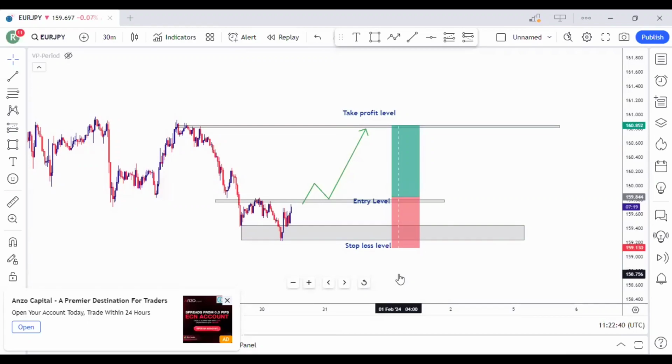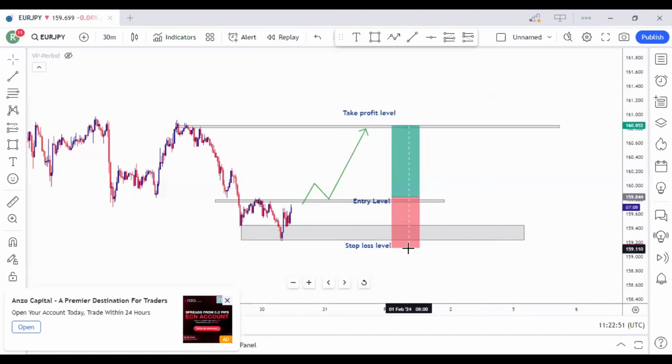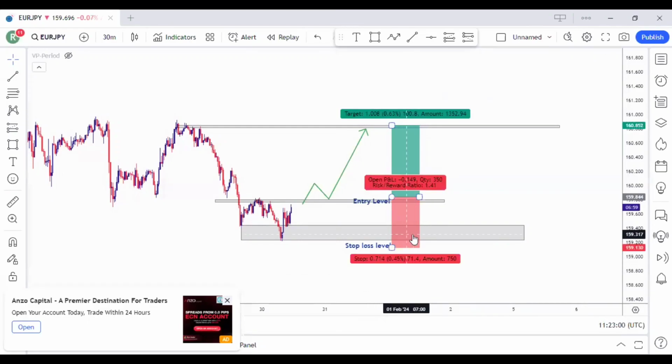The first thing we must do is that our stop loss should not be more than or less than this level, because we have already calculated and found that if our stop loss is here, using this 71.4 stop loss pips, we are to use 0.02 as our lot size for us to risk just 1% of our account.